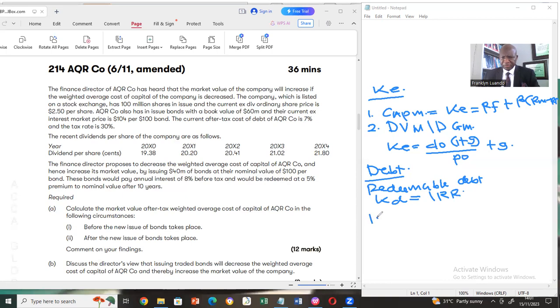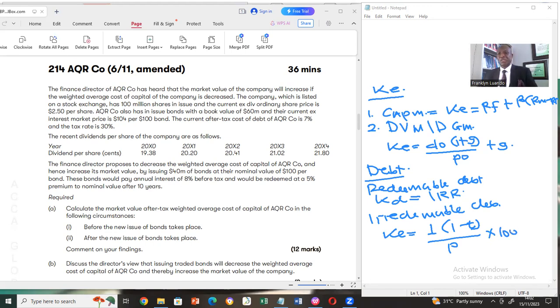Then irredeemable debt. The cost of irredeemable debt is by formula, which is interest (1 minus T) divided by P, multiplied by 100.